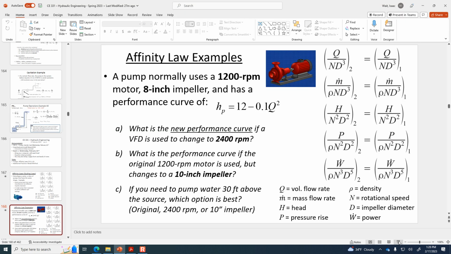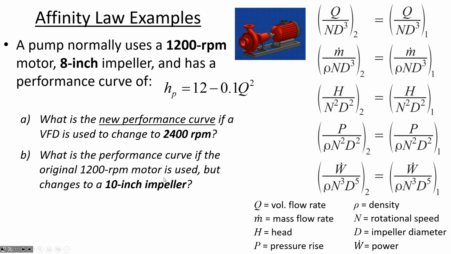Now, how about you try this next one? What if the original motor is used? So let's say that N1 and N2 are the same at 1200 RPM.